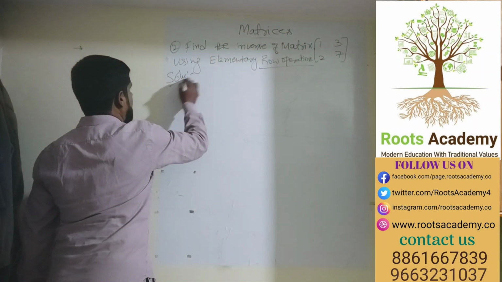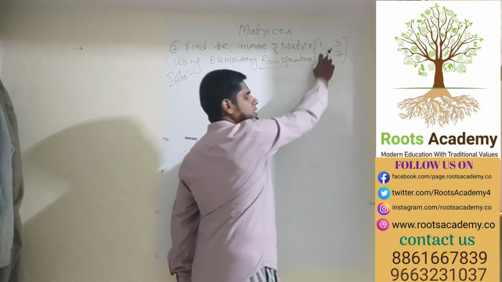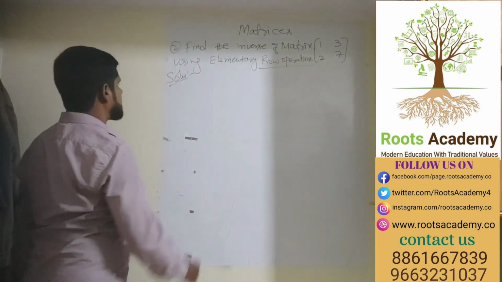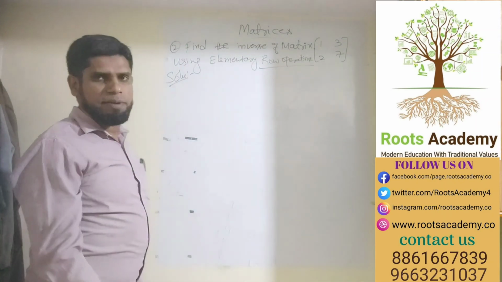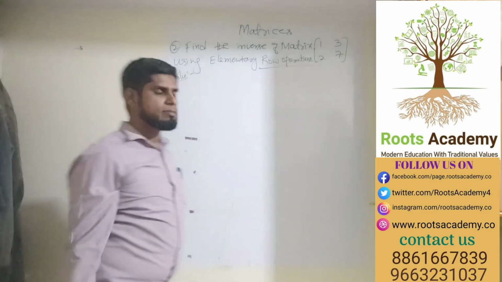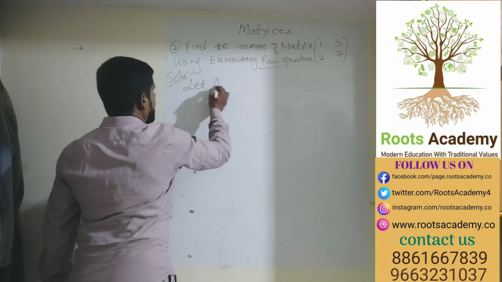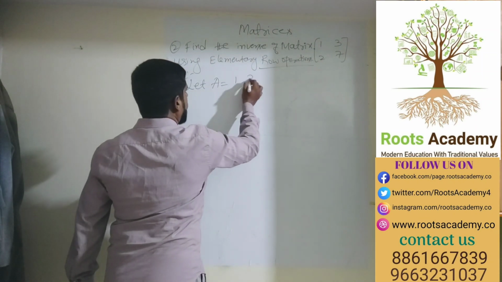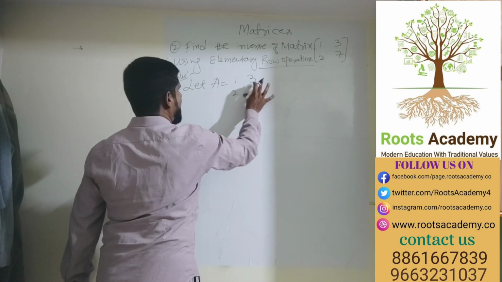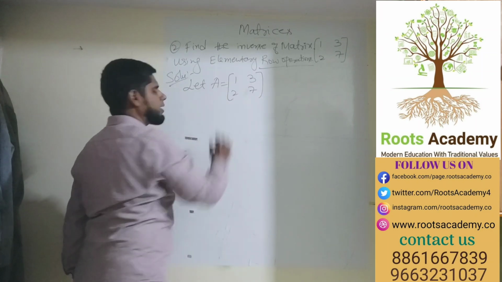So solution. And again in this problem he has not mentioned any name to this matrix. So let us give the name as A matrix. You can give any different name also, but I generally prefer A matrix. So let my A matrix will be 1 3 2 7. This is my A matrix.